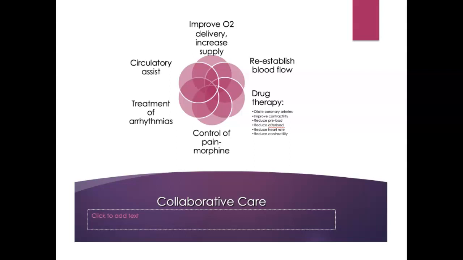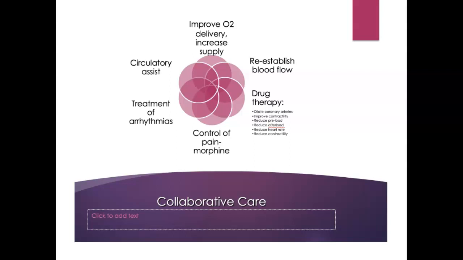So you may be giving drugs to dilate the coronary arteries, to get that blood flow back to the heart, to improve the contractility, to reduce the preload, so blood is not coming back quickly to the heart. You want to decrease the stress on the heart, so you don't want to have a whole lot of blood coming back to the heart. So reduce the preload, make it manageable for the heart to pump.